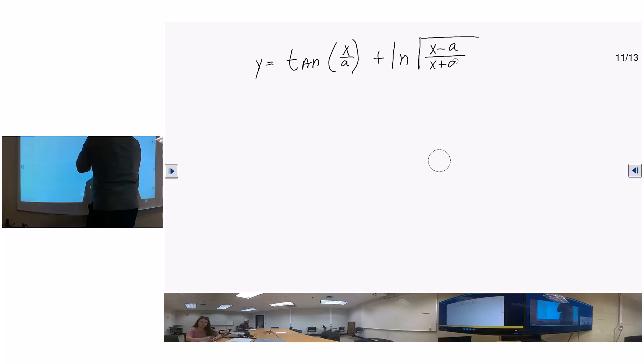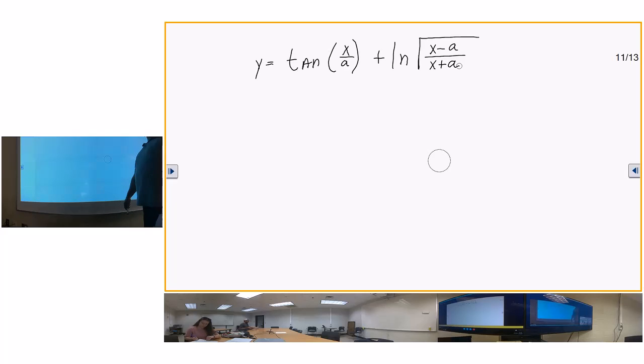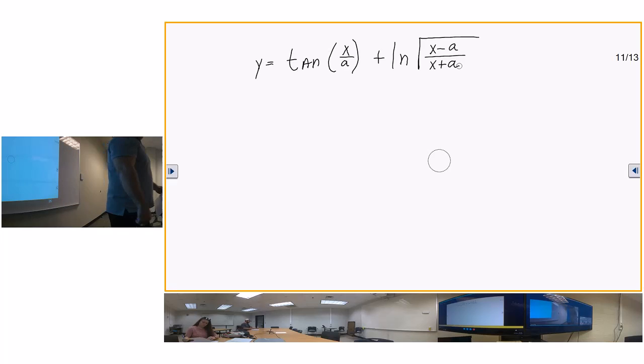Now the first thing I'm going to tell you to do is rewrite as much as you can before you even start doing the calculus. At least a couple of steps. There's a couple of steps you can actually do there, and I think you're going to focus on the natural log. That's supposed to be inverse tan, sorry. Inverse tan.